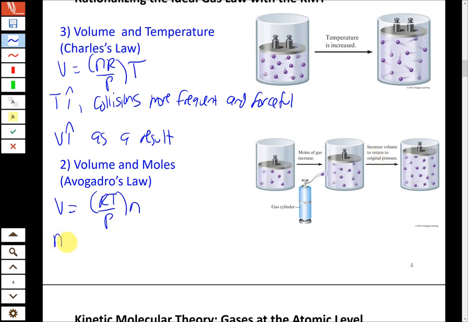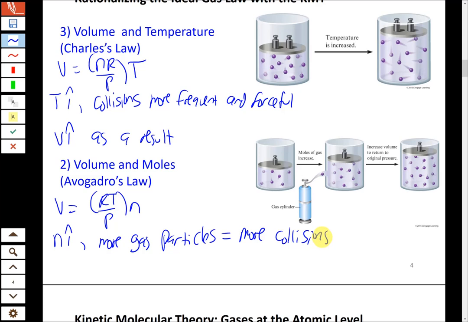So when we increase the number of moles, we have more gas particles present, again atoms or molecules, depending on what the gas is made up of. And when you do that, you're going to have more frequent collisions. We're not increasing the temperature in this case, so the average speed at which the gas molecules are moving stays the same.